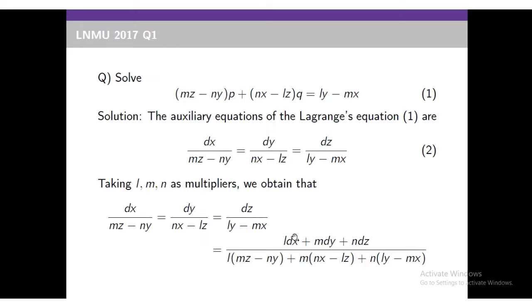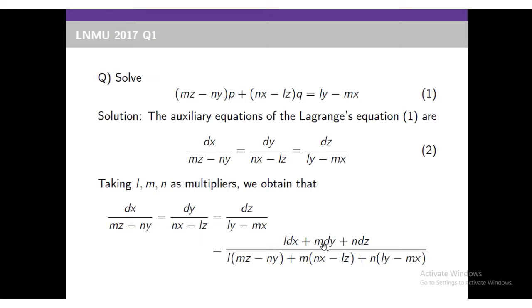So here you can see that when you take L, M and N as multipliers, then you can write these three fractions equal to this one. Now here it is plus LMZ, and here it is minus LMZ, and it is minus LNY, and it is plus LNY, and here it is plus MNX, and it is minus MNX.